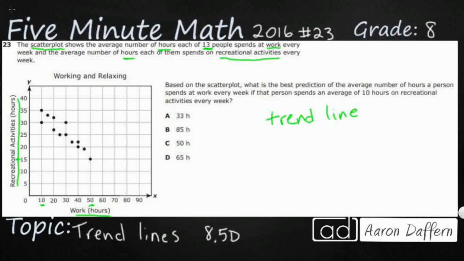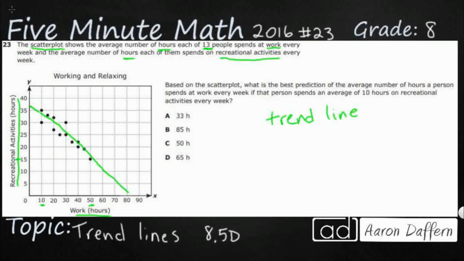And so we can draw a trend line, and we're going to try to snake it in between some of these dots. If you've got two different ones, you're looking for it to kind of be the average. It's not going to be 100% perfect, and it's not a straight line.